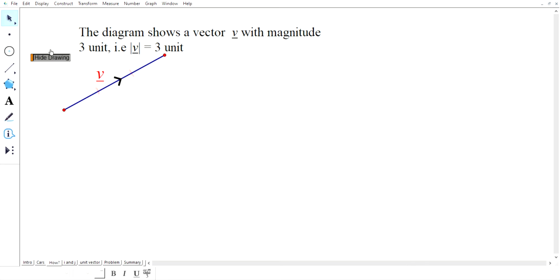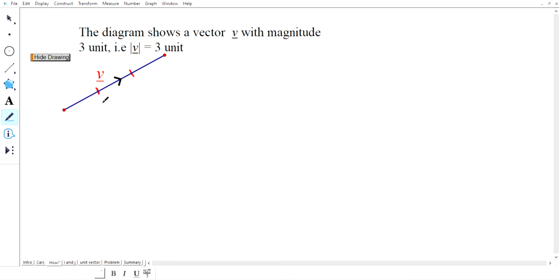To draw a unit vector in the direction of vector V, first I have to know the magnitude of vector V. Because the magnitude of vector V is 3 units, I divide this directed line segment into 3 equal parts.